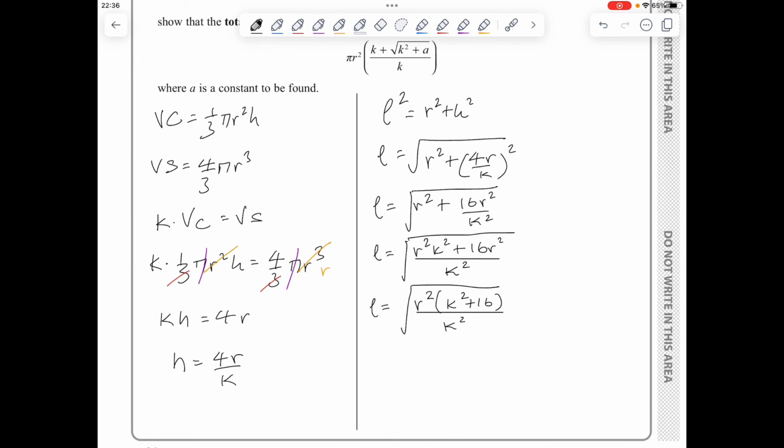Now I can apply the square root separately on the r squared, the bracket, and the K squared, and I'll get square root of r squared times square root of my bracket over square root of K squared, and this will give me r times square root of K squared plus 16 over K. So now I can take this and go to the formula for the surface area.